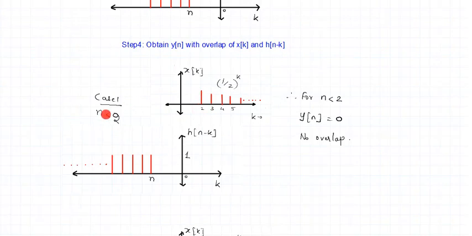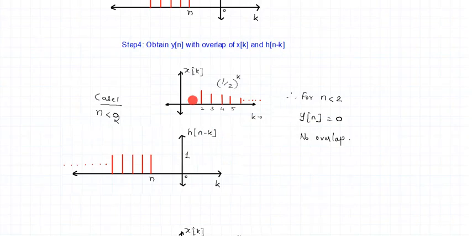With this case, the region of x of k that we covered is from minus infinity to the sample which is less than 2. With this area of overlap between the two signals, we observe that as there is no overlap, the resultant convolution y of n between the two signals is 0, as the two signals do not overlap.